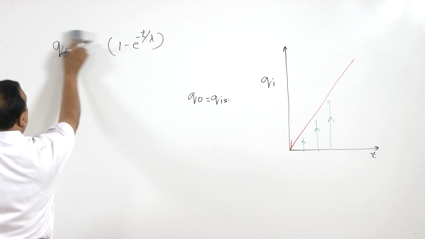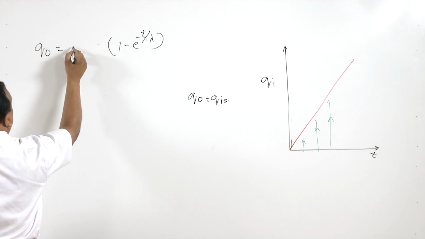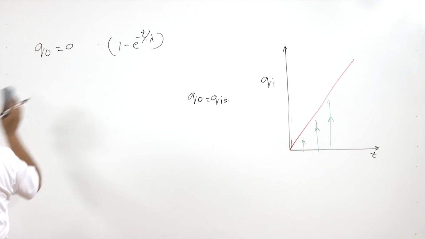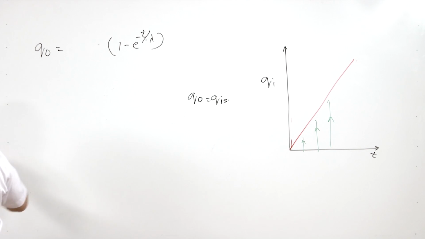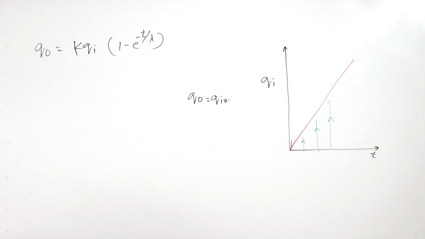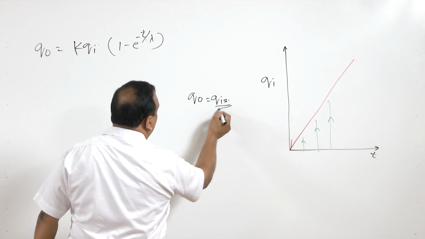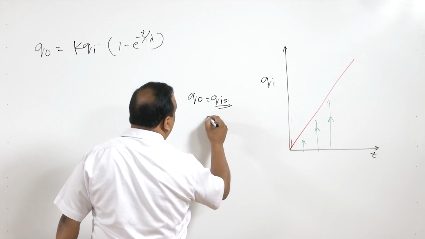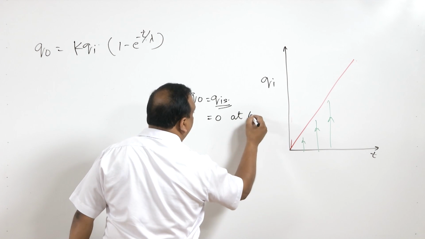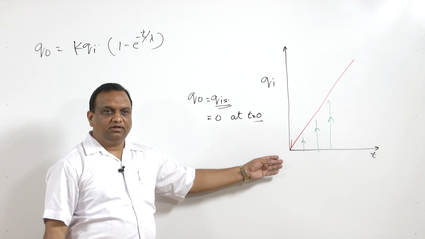Here we have to multiply by sensitivity also, so Qo is equal to k Qi. Fine. Now Qi is equal to 0 at t is equal to 0. Initially both are 0, right?